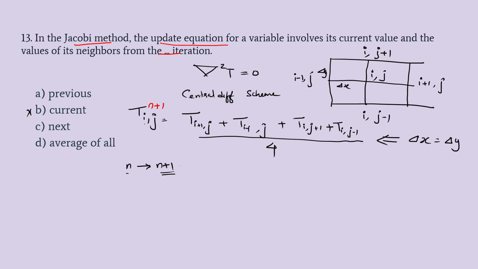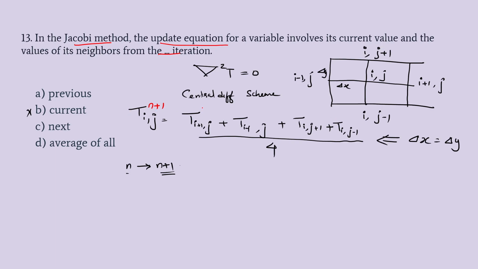To find the current value of T i j, if we are taking the current values of the cells, then the entire subscript will be n plus 1.